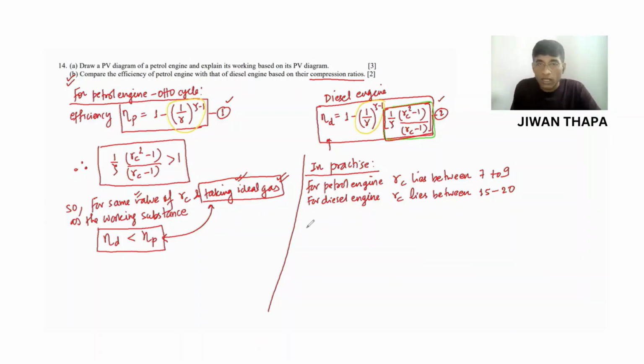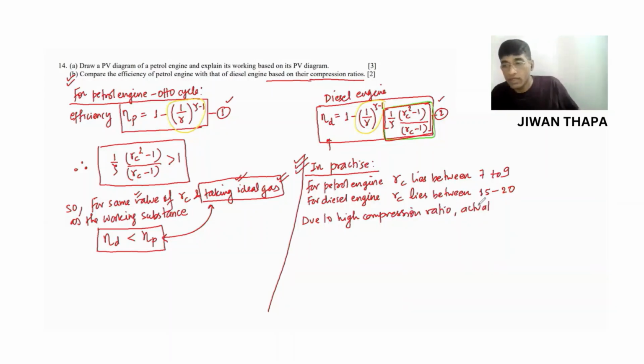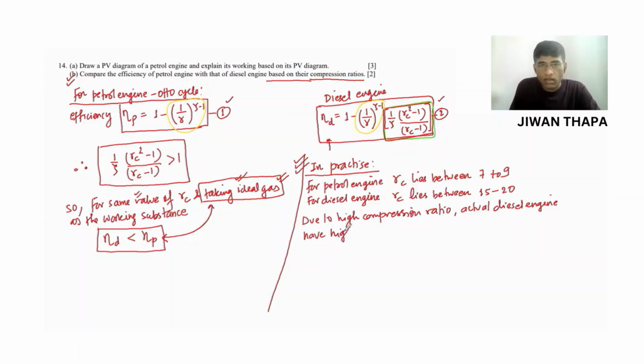So what do you find? Since we are asked to compare the efficiency of the petrol engine with that of the diesel engine based on their compression ratio, this is to be noted: in practice, due to high compression ratio, the actual diesel engine has higher efficiency than the petrol or Otto cycle.